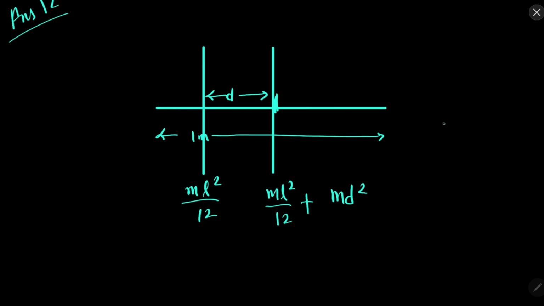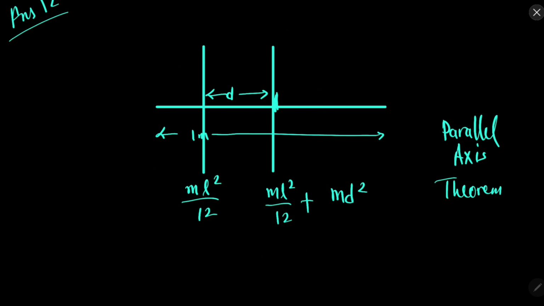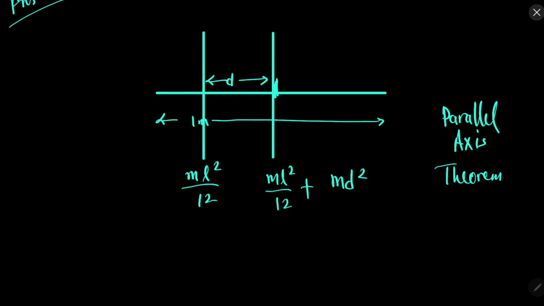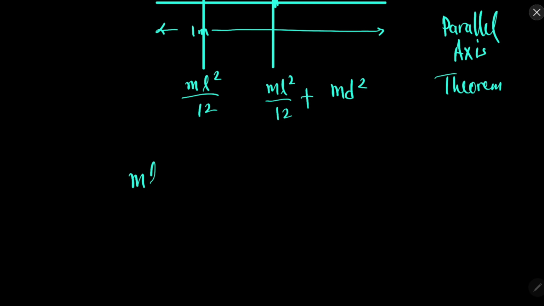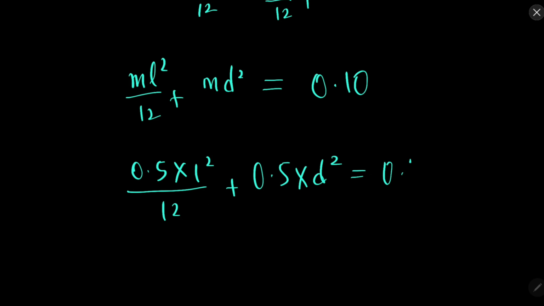So this is by parallel axis theorem. So ultimately ml square by 12 plus md square, and this is 0.10. So 0.5 into 1 square upon 12 plus 0.5 into d square equal to 0.10.